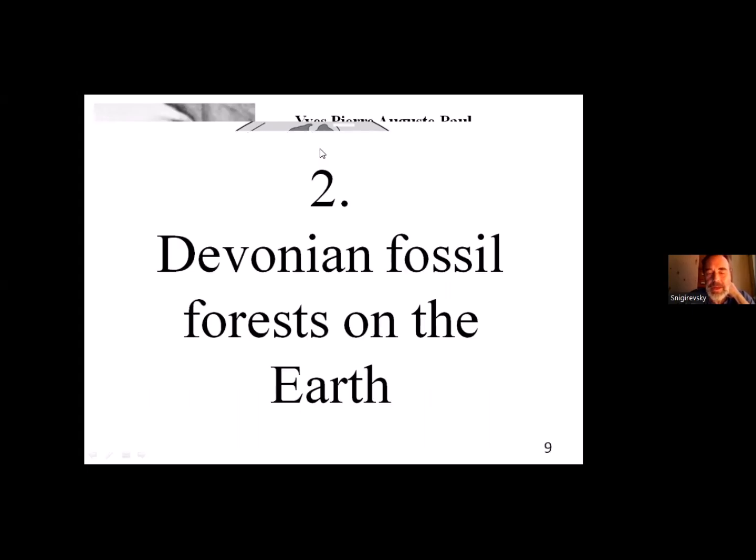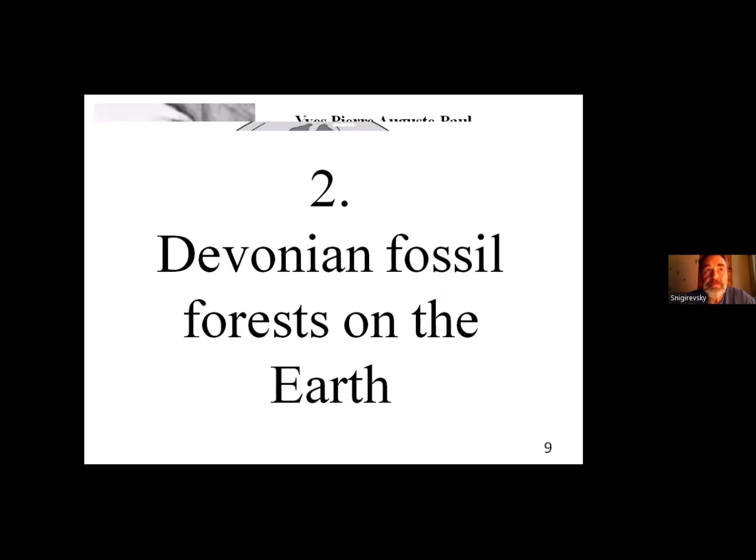For a very long time, it was thought that Archaeopteris and Callixylon were the first plants which formed fossil forests on the Earth.